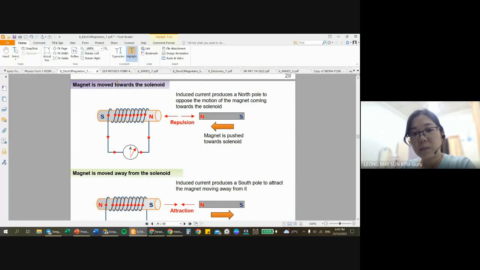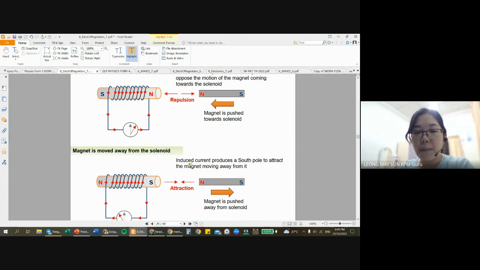Now, you see, whether the magnet moves towards the solenoid or the solenoid moves towards the magnet, it's still the same. As long as they are getting closer to each other, they will reject each other with the same polarity. So the induced current produces a north pole to oppose the motion of the magnet coming towards the solenoid.